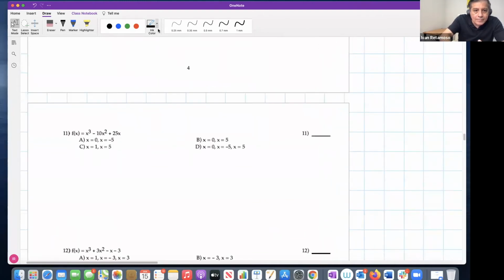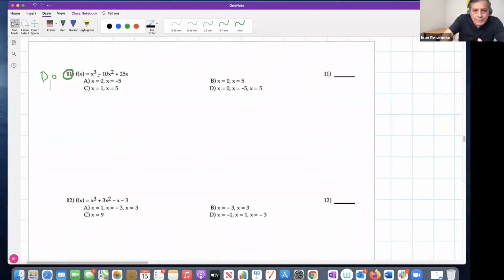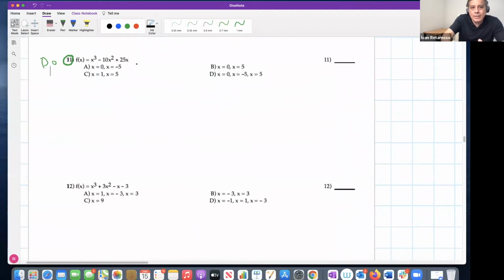This one. f(x) is x cubed minus 10x squared plus 25x. Hint, step 1: set whatever the formula is for your polynomial function equal to 0, and solve for x using factorization. Step 2, factor, and then set each factor equal to 0. From there, retrieve your solutions.